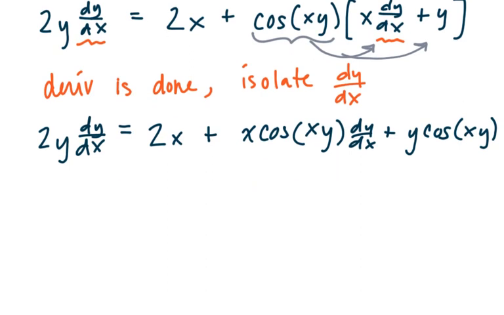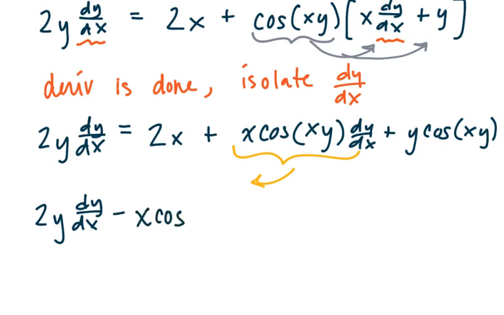So now this term can go to the other side of the equation, which gives me 2y dy dx minus x cosine xy dy dx. So that moved to the left, it became a minus.